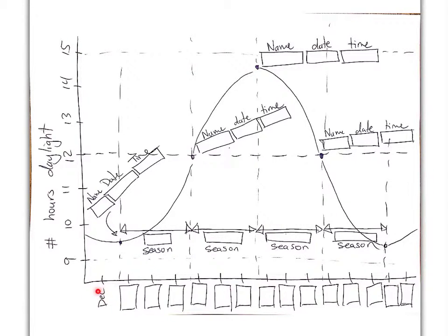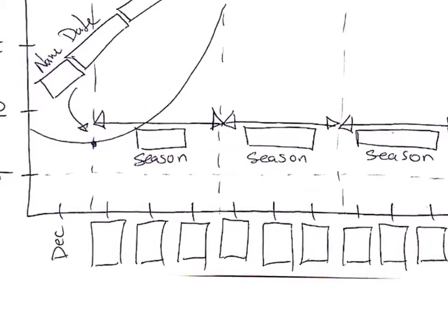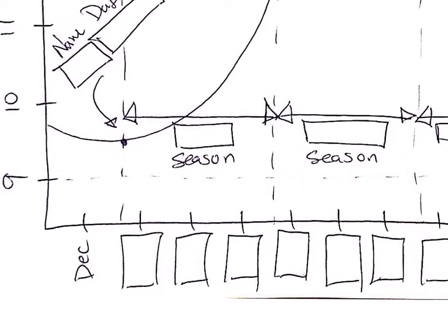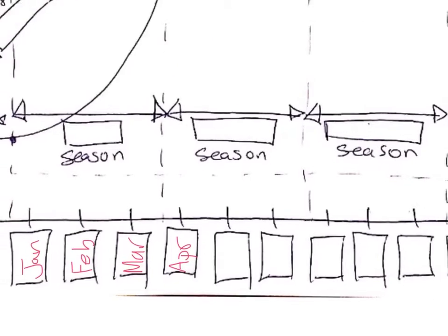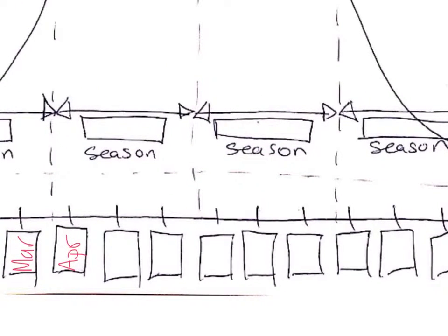So first thing, I could just fill in the months. It goes December, and then January, and then February, March, April, May, June, July, August, September, October, November.